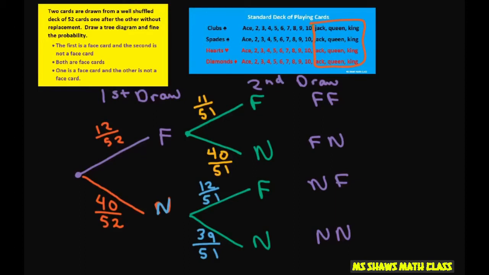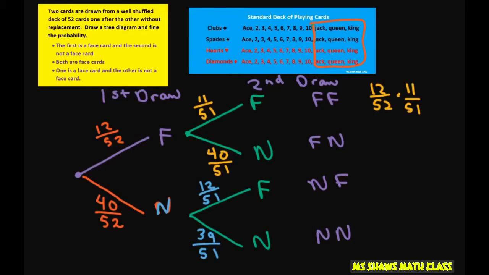12 out of 52, sorry, I lost my mic. 12 out of 52, let's just write it out. So 12 over 52 times 11 over 51. So I'm just multiplying the leaves.